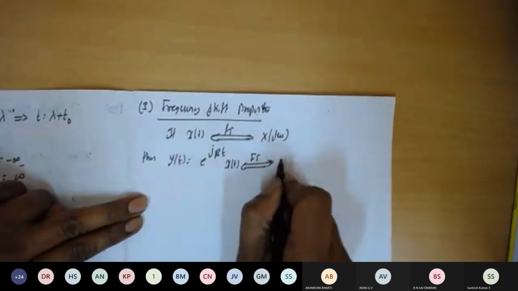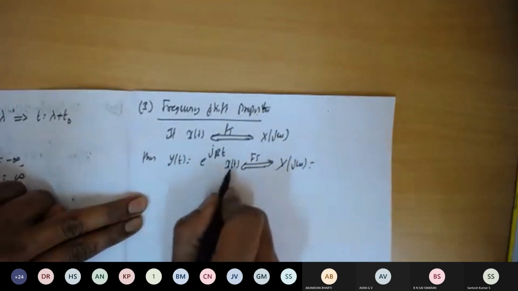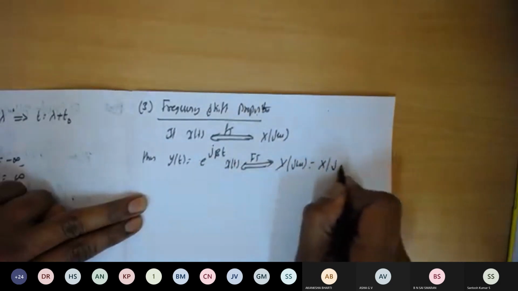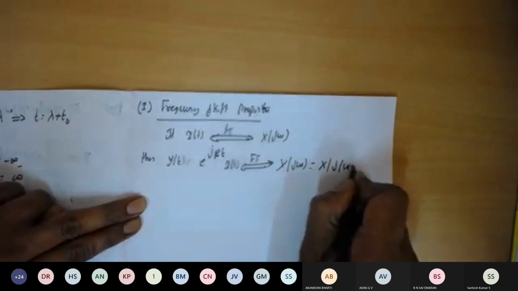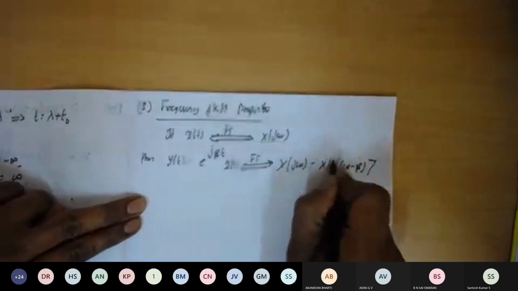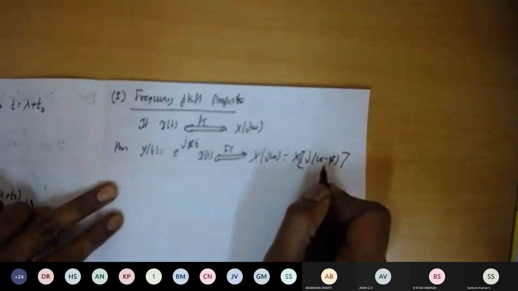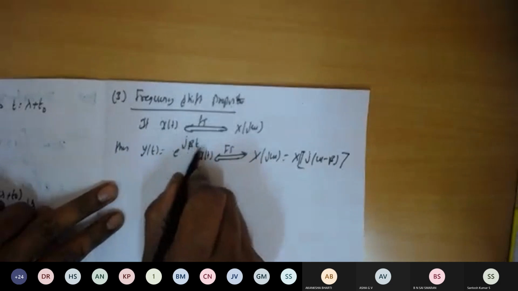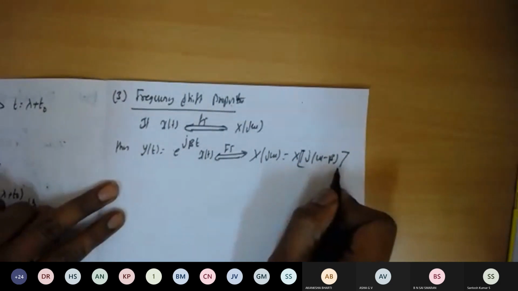If we take the Fourier transform of y of t, which is Y of j omega, this will become X of j into omega minus beta. So this is the Fourier transform of the signal e to the power of j beta t into x of t, which is nothing but X of j omega minus beta, right?